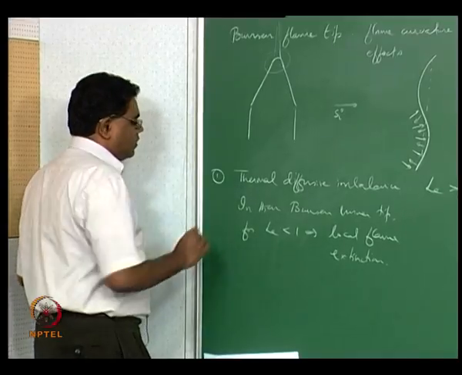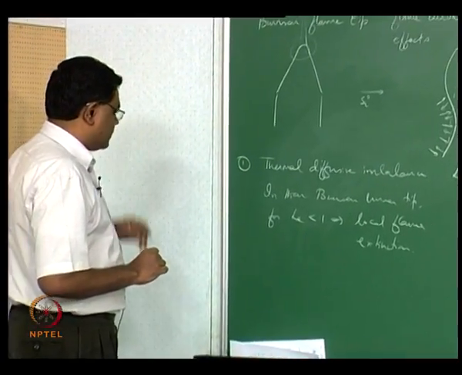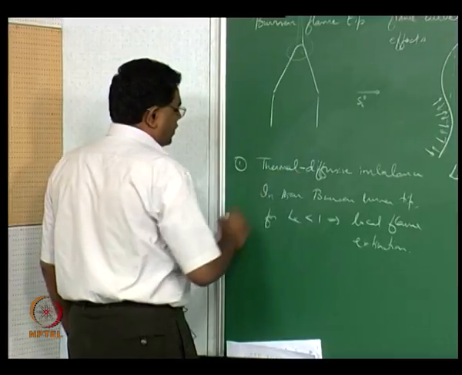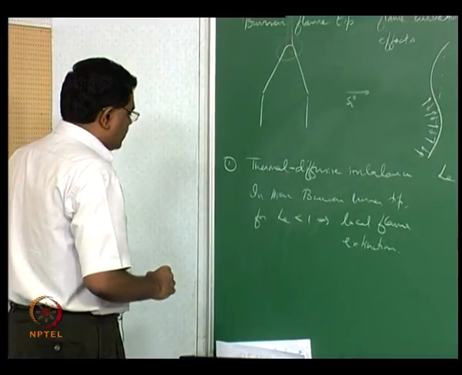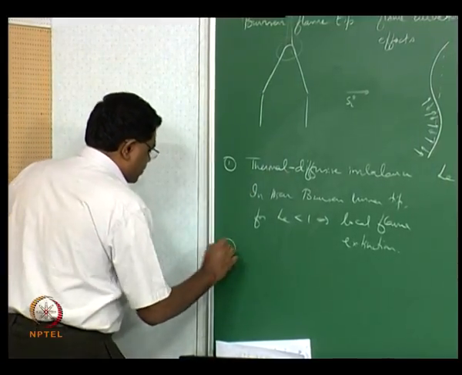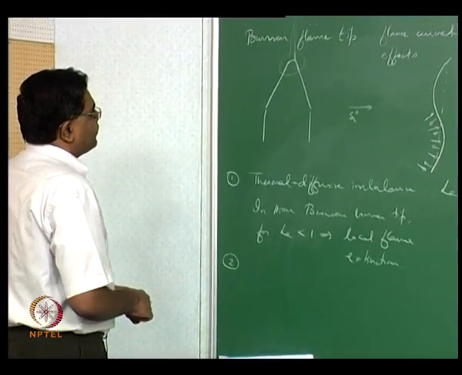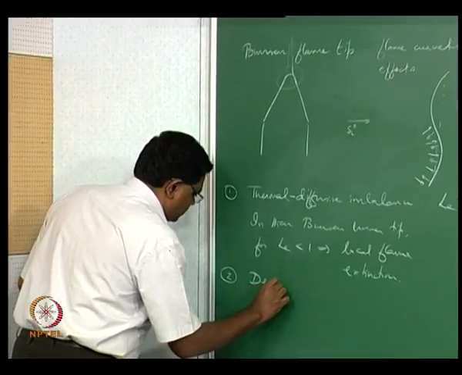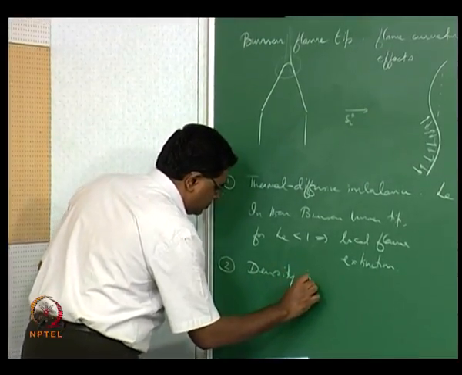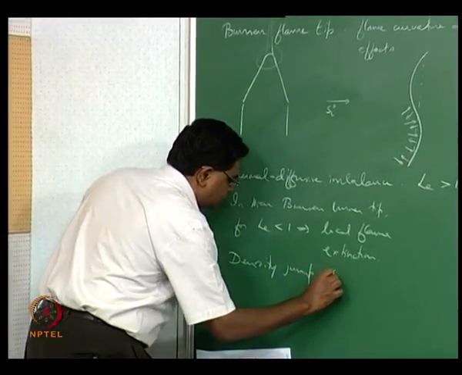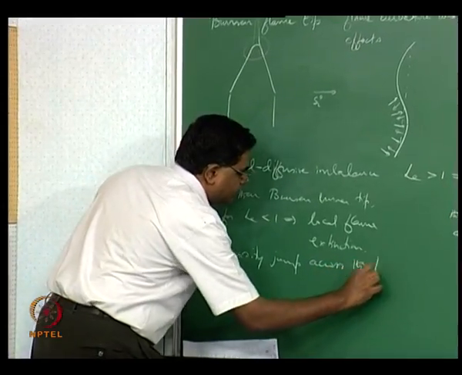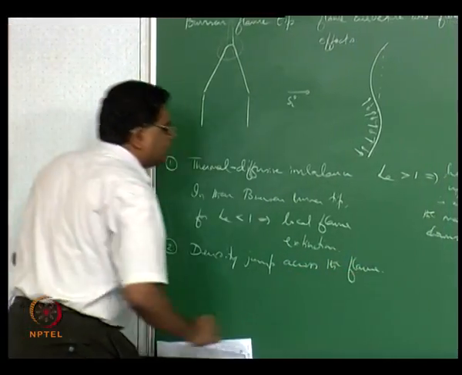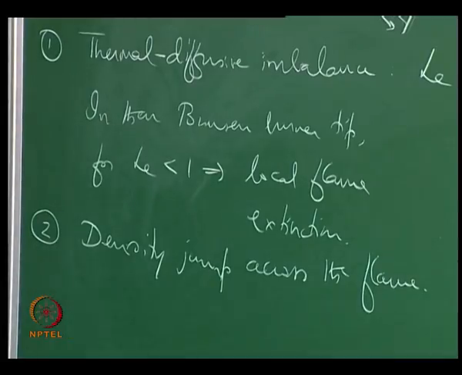So the first thing that we talked about was the thermal-diffusive imbalance. The second thing that we have to worry about is the density jump across the flame.